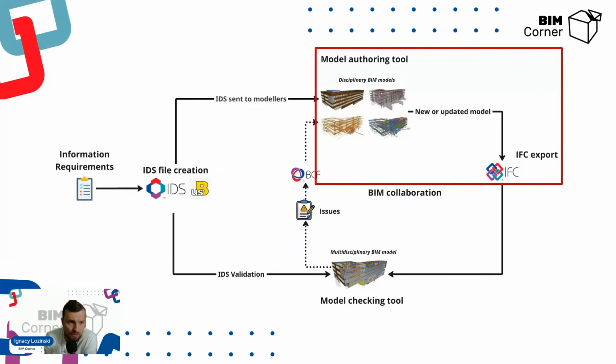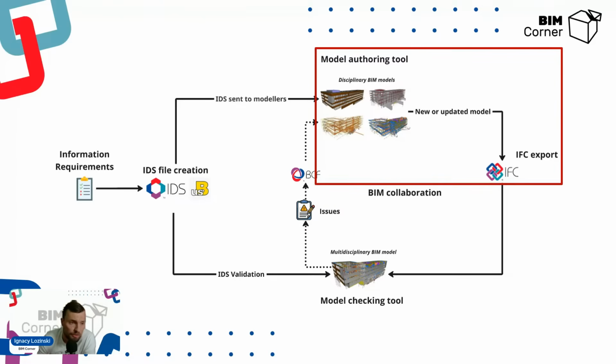Our next step is to produce the IFC models. In this step, the disciplinary models, for example architectural, structural, and MEP models, are developed, and IDS is delivered to the disciplines which are working on their models using model authoring tools.